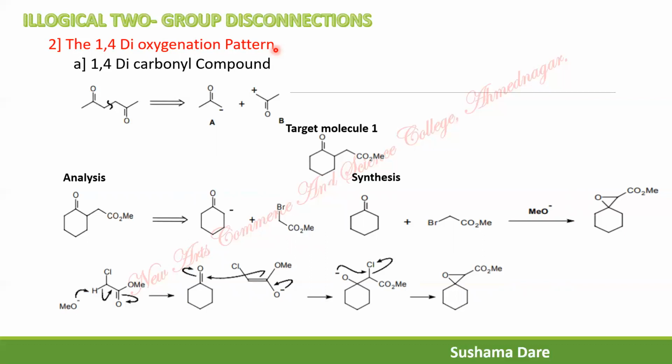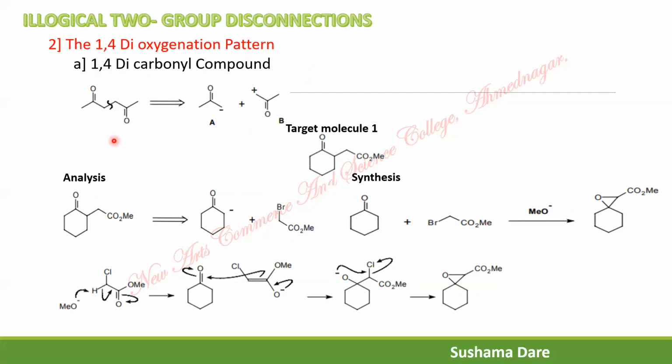After that, we discussed the 1,5 dioxygenated pattern, and after that, we started the illogical two group disconnections. Under that, in previous videos, we already discussed the 1,2 dioxygenated pattern. Now the next is the 1,4 dioxygenation pattern. Under this heading, the subpoint is the 1,4 dicarbonyl compound.